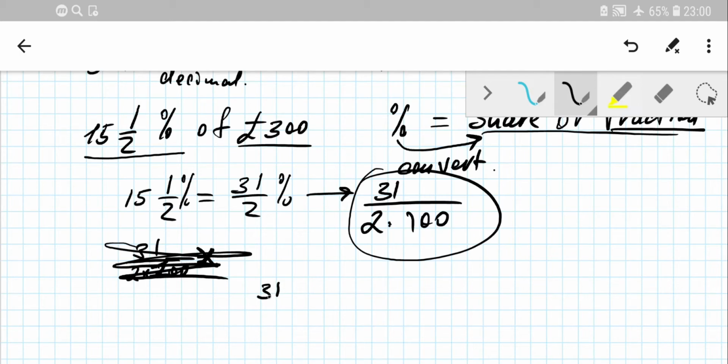So 31 over 2 over 100 is simply multiplied by 300 pounds. Okay, so now it's time to remember how you multiply a number by a fraction.